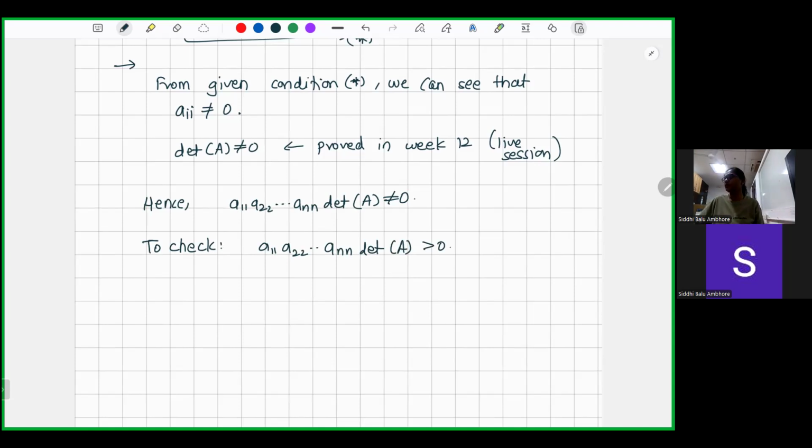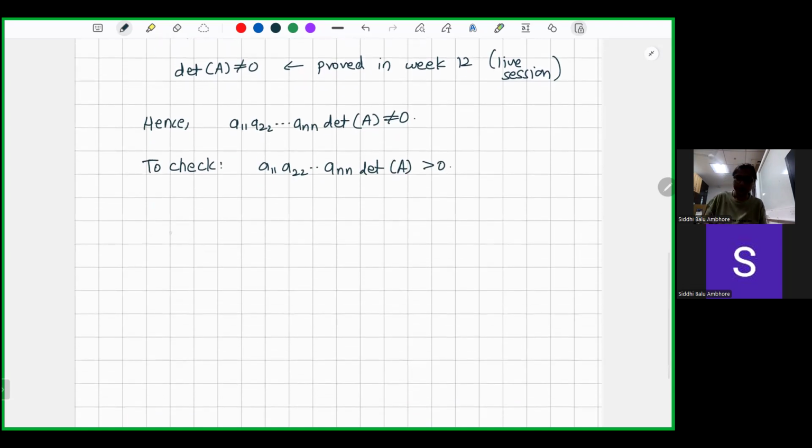So what we do is consider the diagonal matrix D, the diagonal of a11, a22, up to ann, made from the matrix which is given to us.